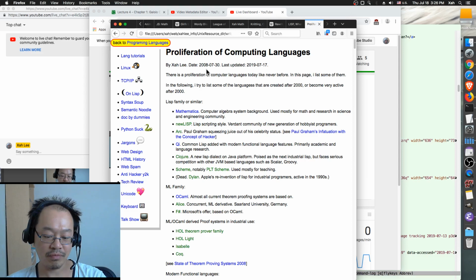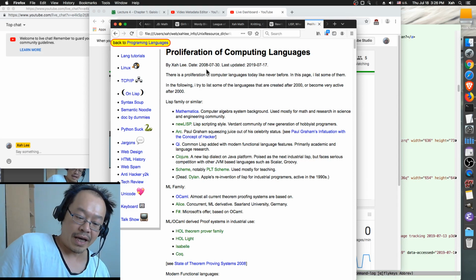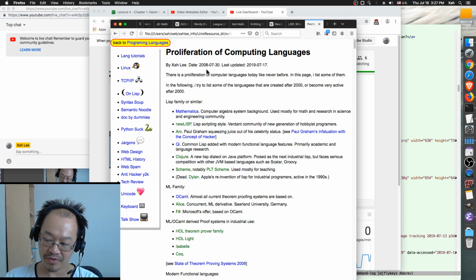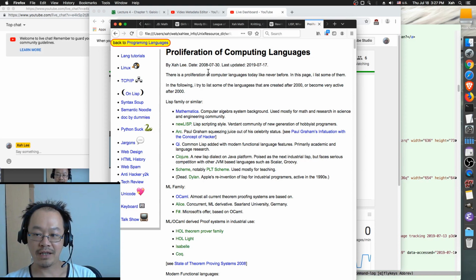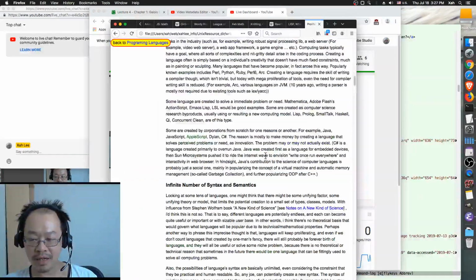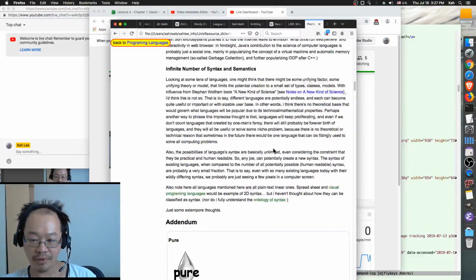So what I'm telling you is that if historians look at computer languages, there is a period of time around the late 2000s when we started to see an explosion of computer languages. Historians will have this item, and that is around 2008. So I wrote this article with some of my opinions.